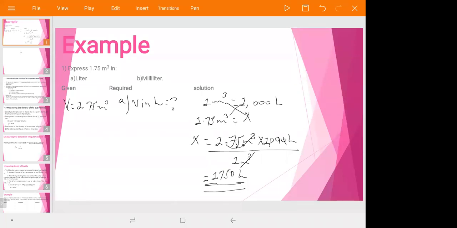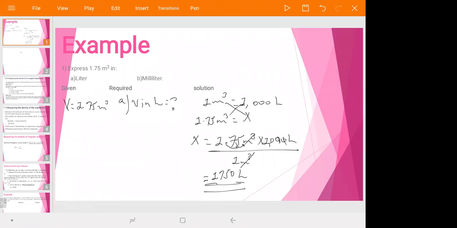Therefore, 1.75 meter cube is equal to 1,750 liters. And then if you change 1,750 liters into meter cube, you will get the first one, 1.75 meter cube.